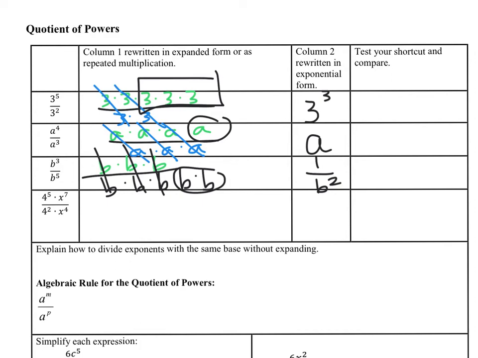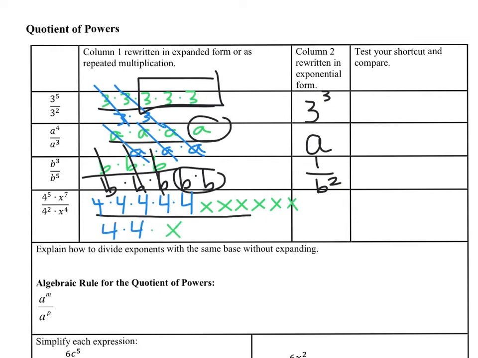And then the last one, I've got 5 4's in the top. I've got 7 x's in the top. I've got 2 4's in the bottom and 4 x's.